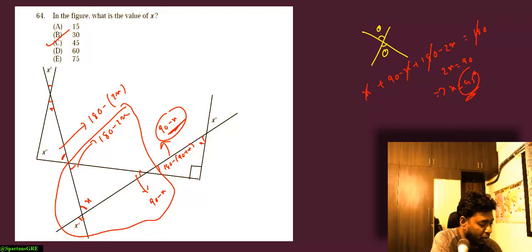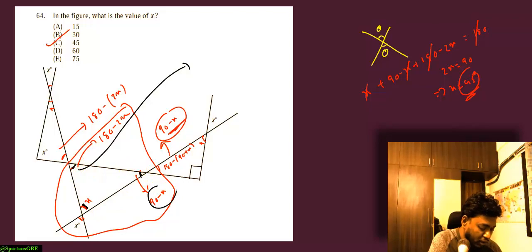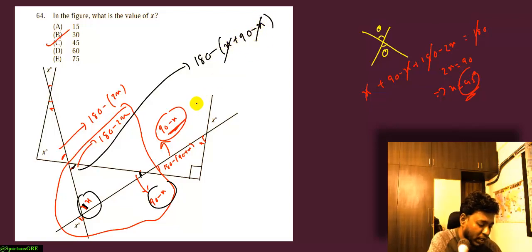Also I want to tell you something here. See here, you got 90 minus x in this, you got x in this. If you are trying to find this angle of this triangle with respect to these two sides, then you are beating around the bush, right? You see here, if this is 90 minus x, this is x, so this angle should be 180 minus x plus 90 minus x. So x and x will get cancelled.